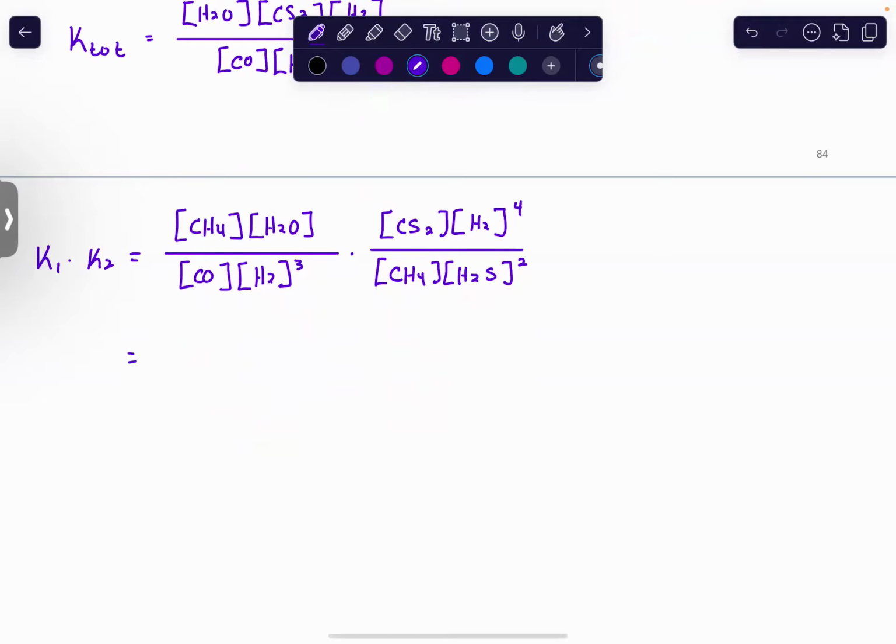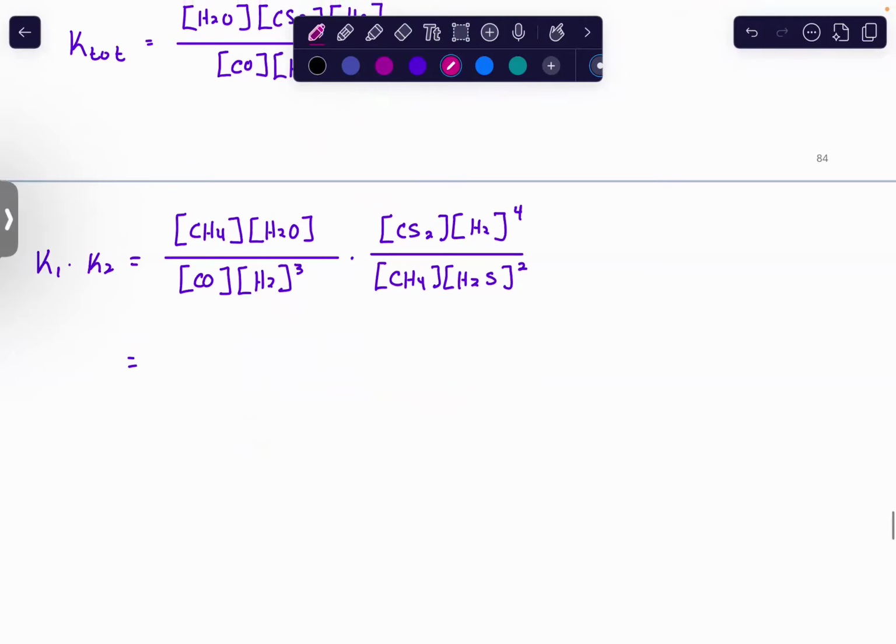Okay, so let's take a look here. When we multiply these, let's see what's going to happen. H2 cubed is going to cross out that 4.